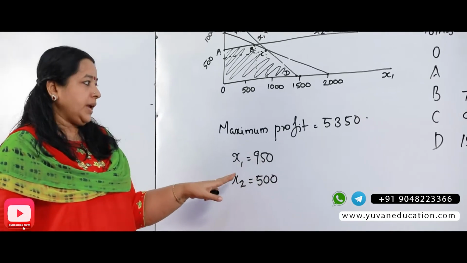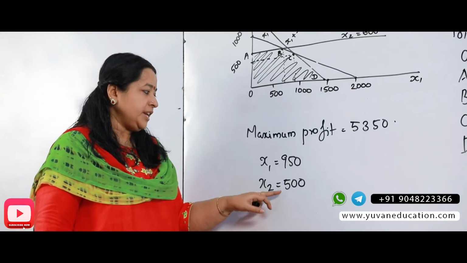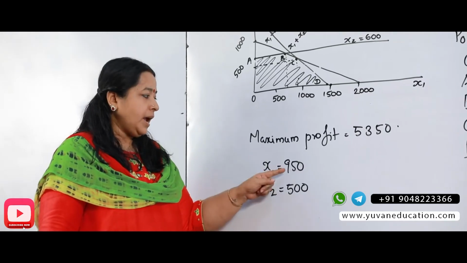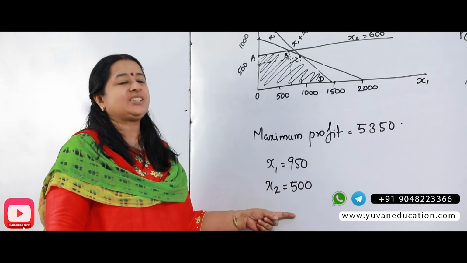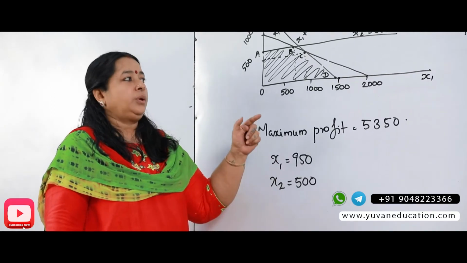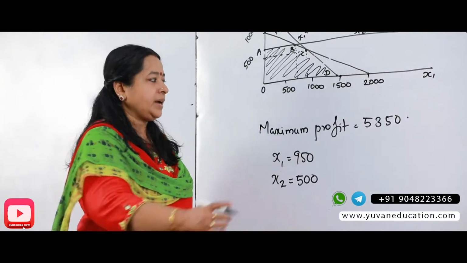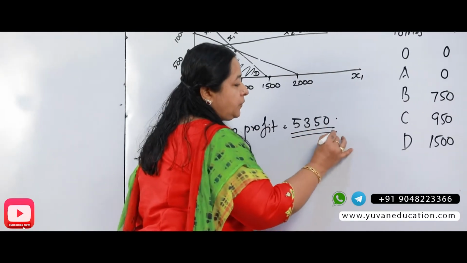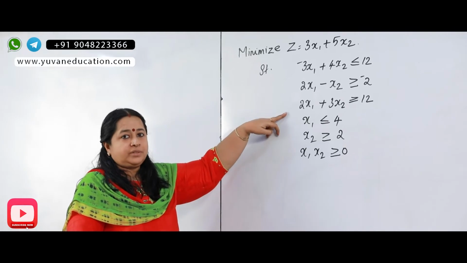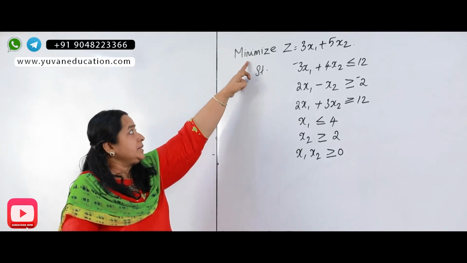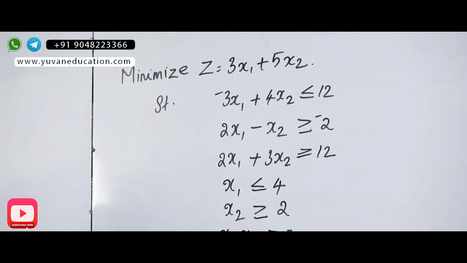So we can say that the company should manufacture 950 units of x1 and 500 units of x2 to achieve a maximum profit of 5350.